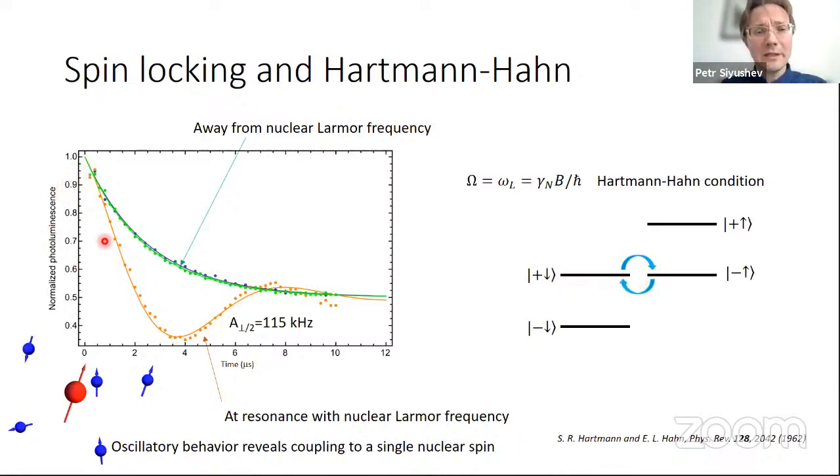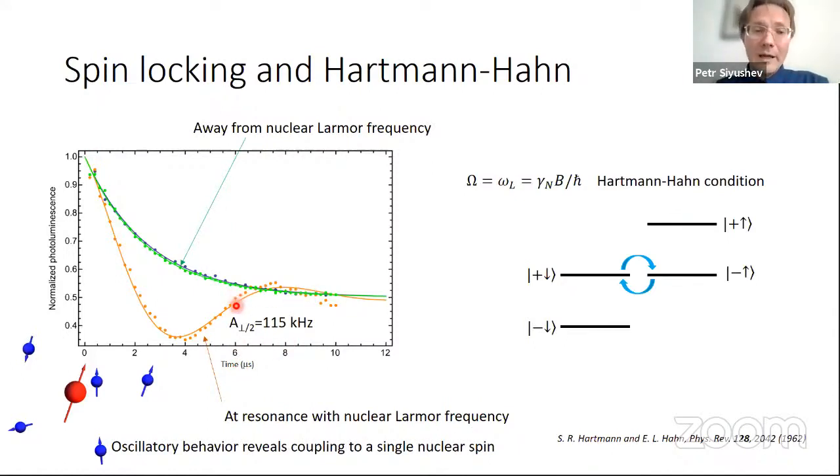That's exactly what you see on this curve. There is a nice oscillation instead of decay. Of course, there is also a decay, but this oscillation indicates the coupling of an individual nuclear spin to the electron spin. This oscillation is proportional to the orthogonal component of the hyperfine tensor, which we can define from fitting this curve.